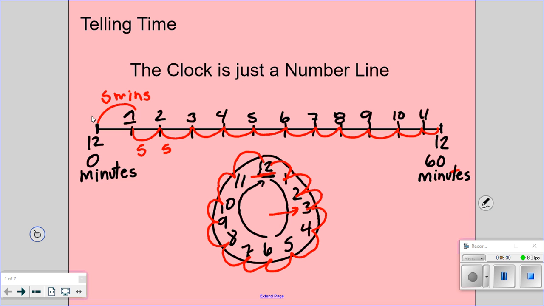That means I need to hold up another finger because that cluster of 60 minutes is worth something else. It's kind of like when you were first learning to count way back in kindergarten. You said 1, 2, 3, 4, 5, 6, 7, 8, 9, and then you had to get that tens rod because that was the next unit.